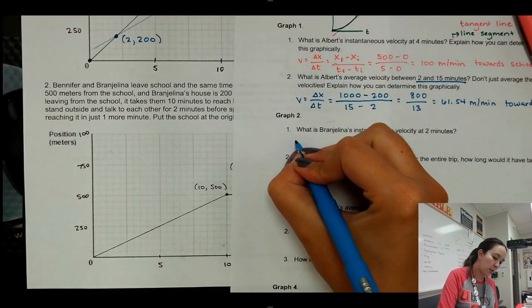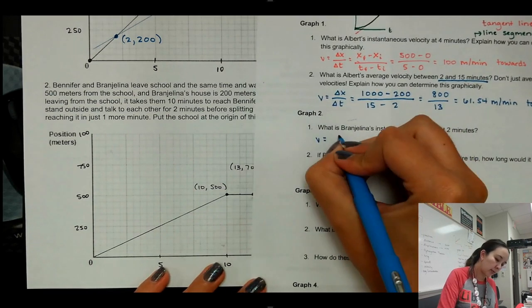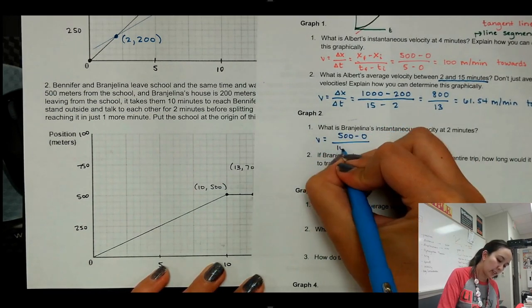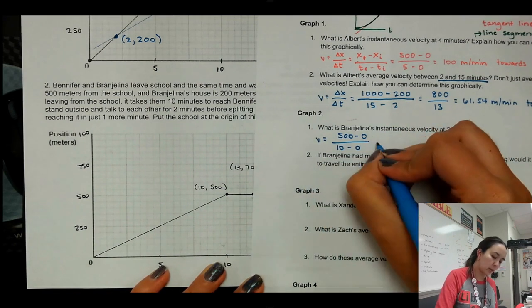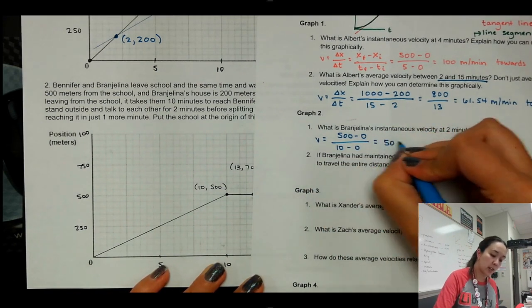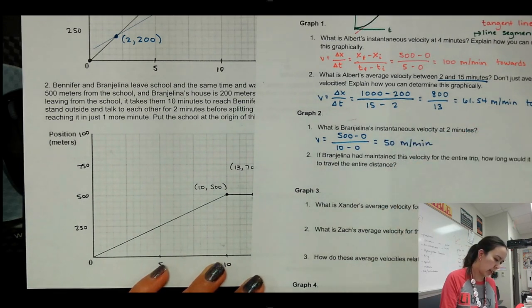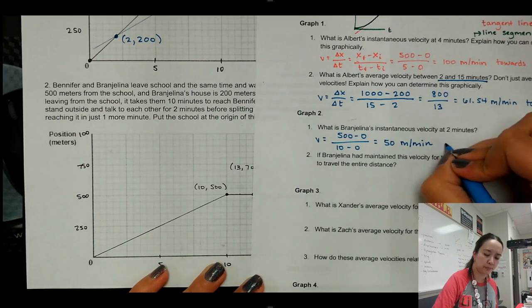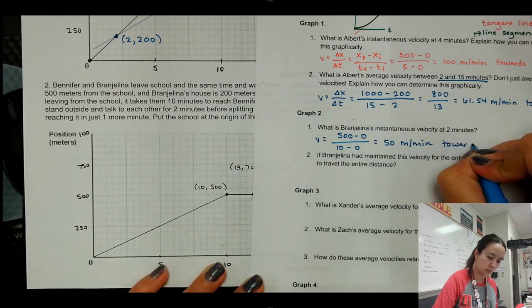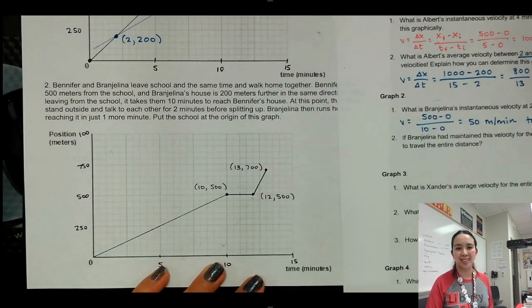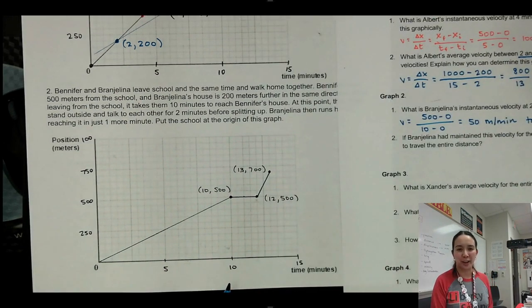And so that's just going to be 500 minus 0 over 10 minus 0, which is 50 meters per minute. And they are going home. Oh, I guess I could have showed you the graph since I didn't actually show y'all earlier.